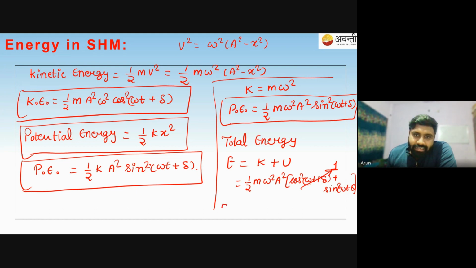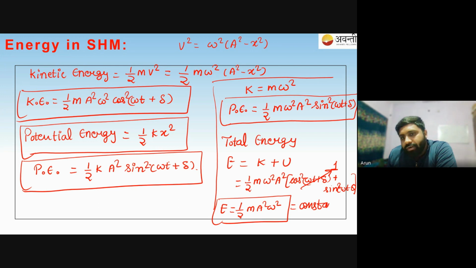So we can say that total energy is equal to half m a square omega square, which is a constant. So the law of conservation is valid in this format. Okay. So total energy is constant in this.